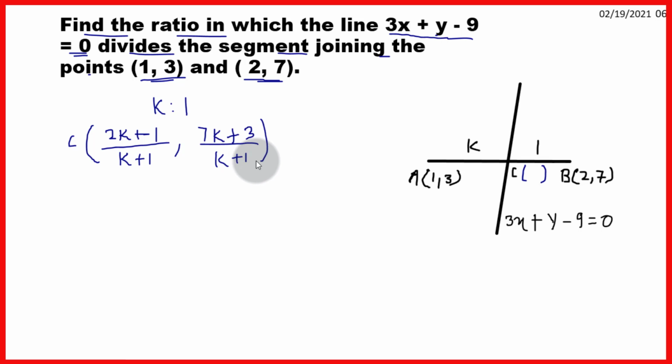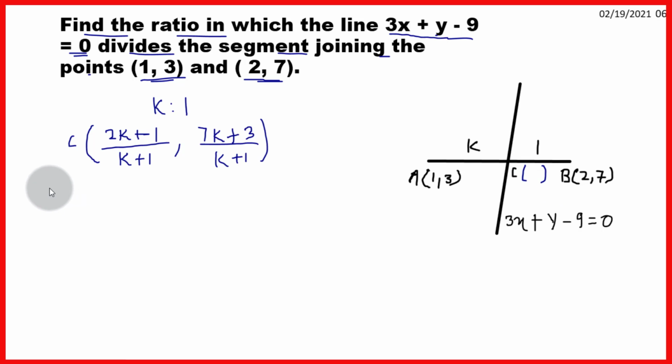Now these two are the coordinates of point C, and since point C lies on the line 3x + y - 9 = 0, this line should satisfy these coordinates also.